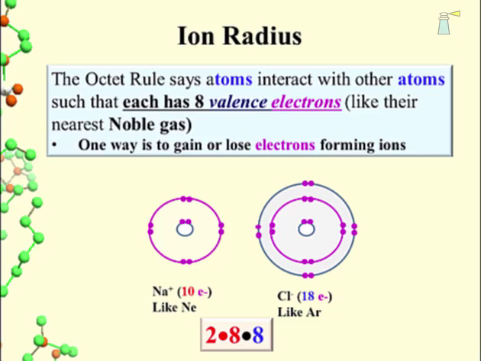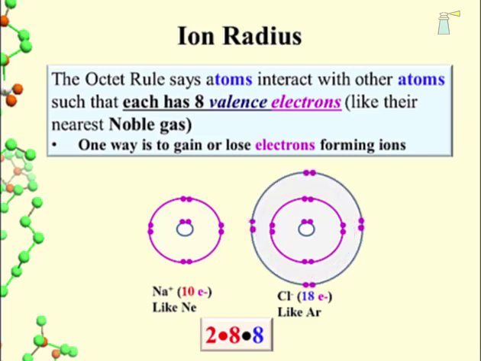However, with that extra electron, chloride has more negative charge than it has positive charge in its nucleus. It's reasonable to suppose that a 17 proton nucleus could not attract 18 electrons as well as it did 17 electrons. The radius of the ion should therefore be larger.